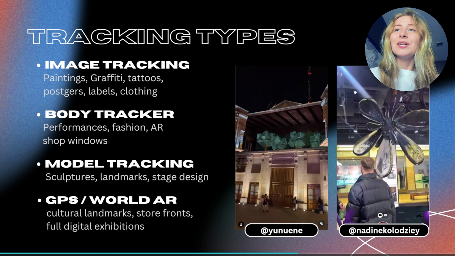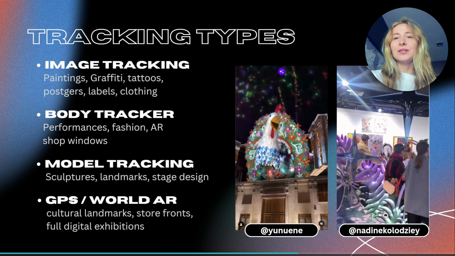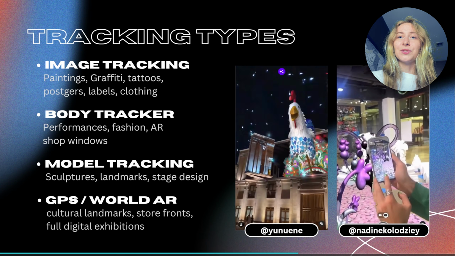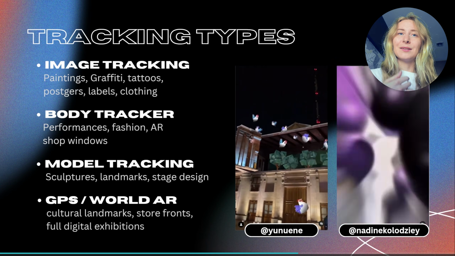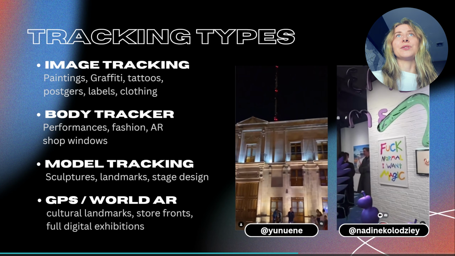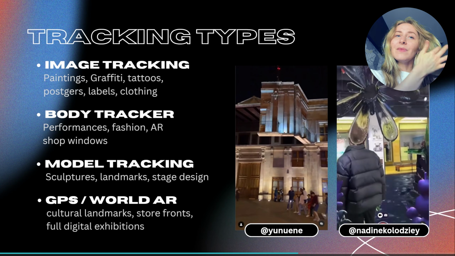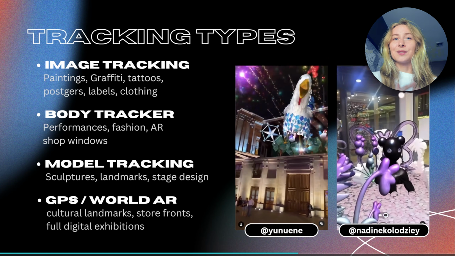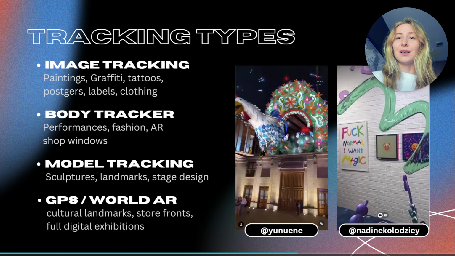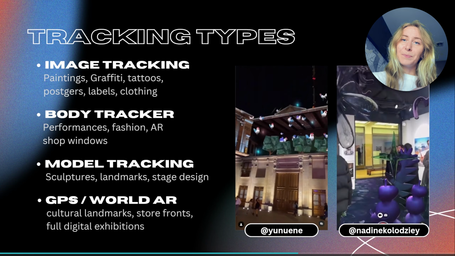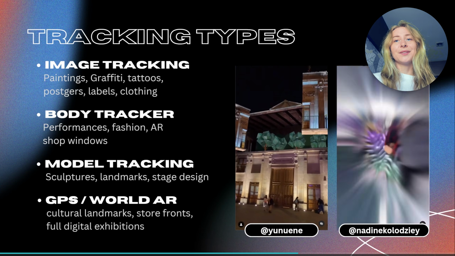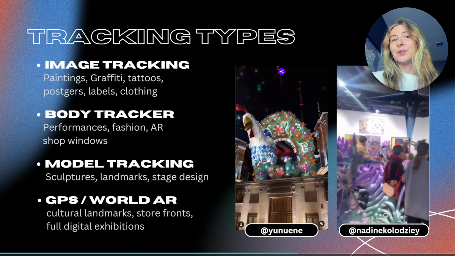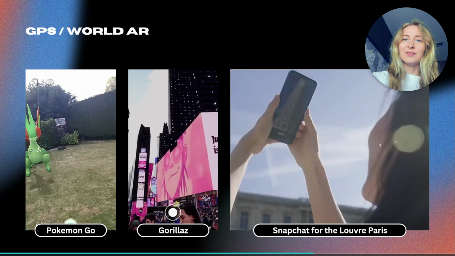On the right, you see a world tracker. Here, you only need to have a flat surface like the floor and add a whole digital world on top of it. This works best if there is still a relation to the real exhibition space, the real environment, and if your digital art picks up on the theme or the overall decoration of the exhibition space.